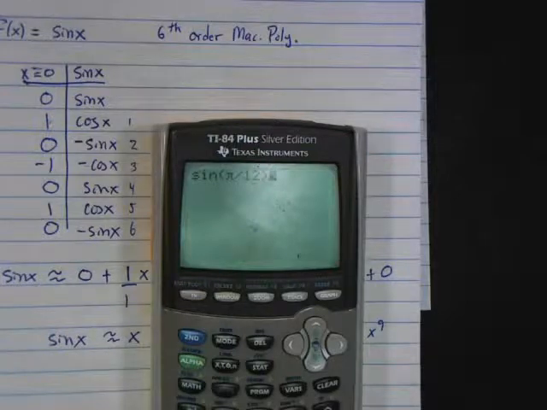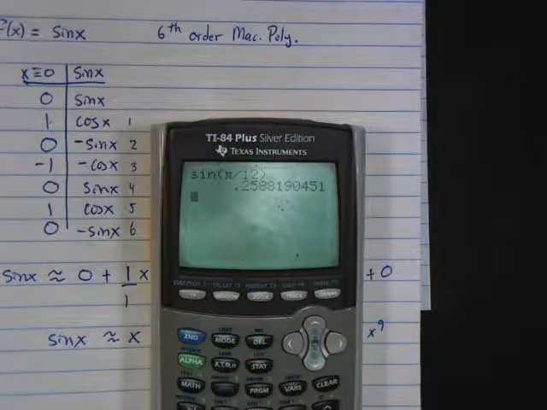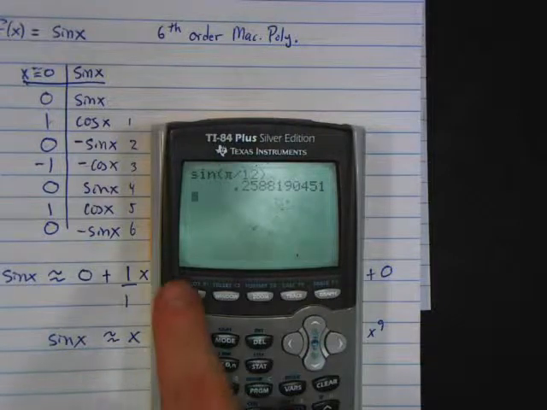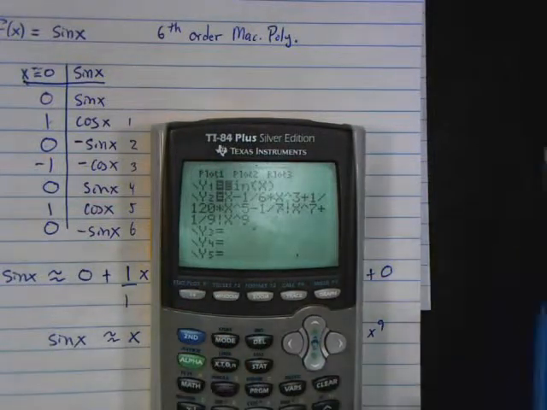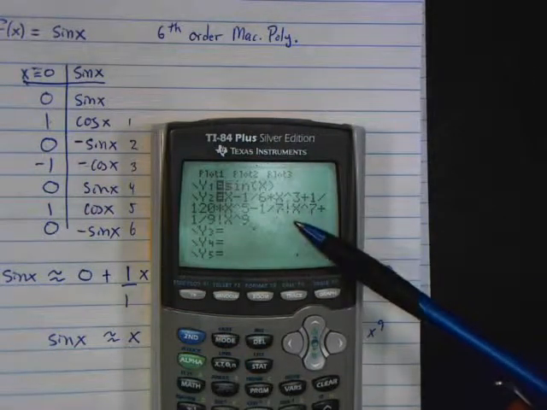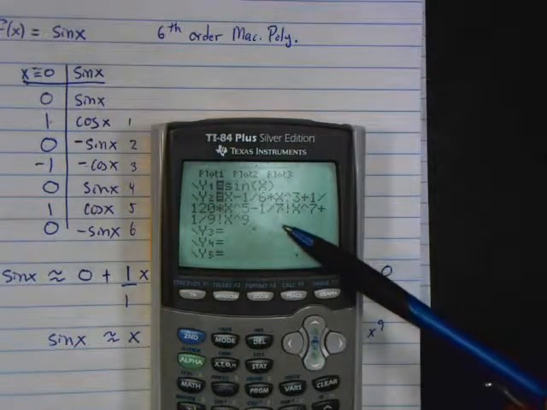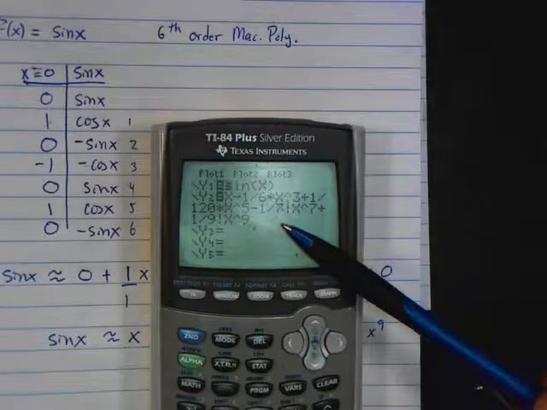When you type in sine of pi over 12 and hit enter, your calculator spits out an answer. How did it get that answer? That formula. The calculator had some form of approximation. I don't know that it's exactly this one, but that's how it's doing it.